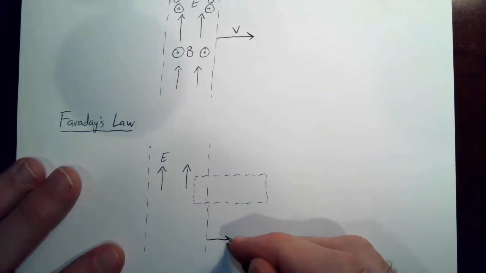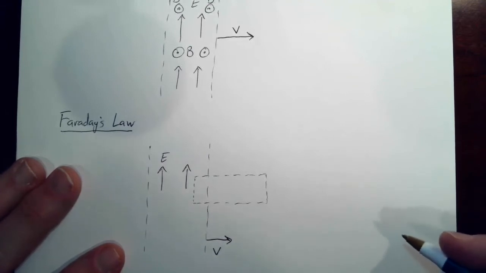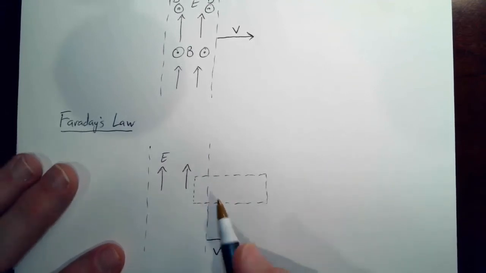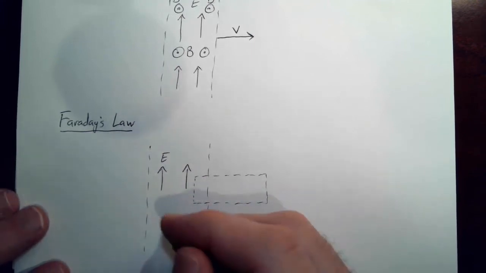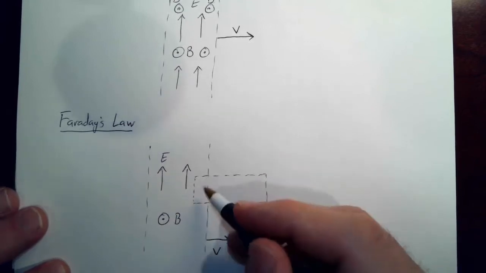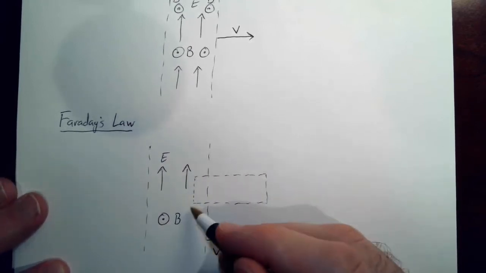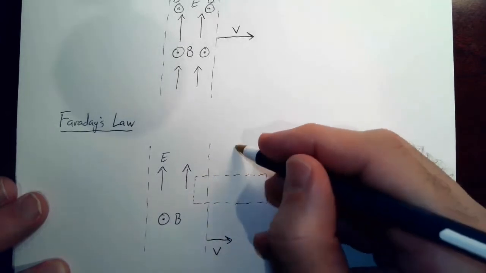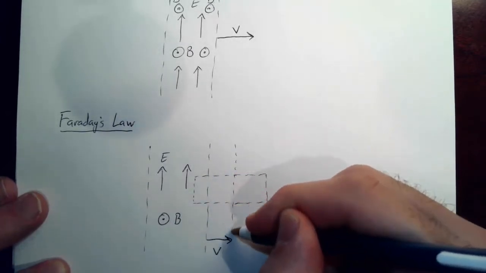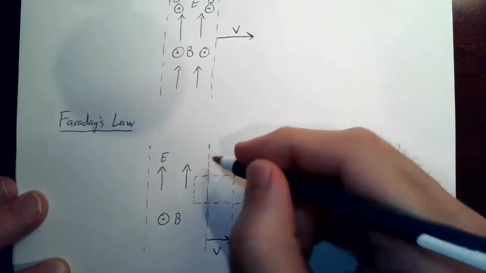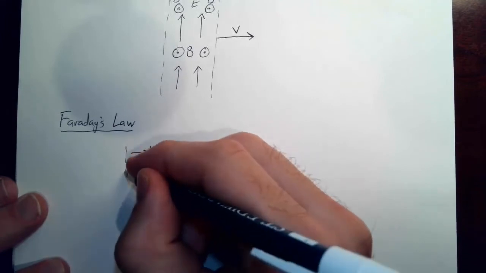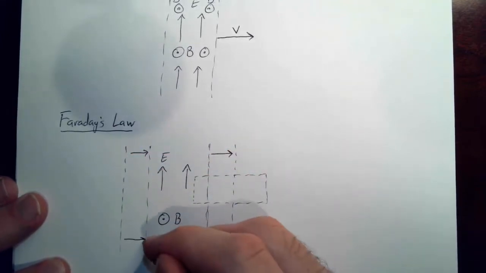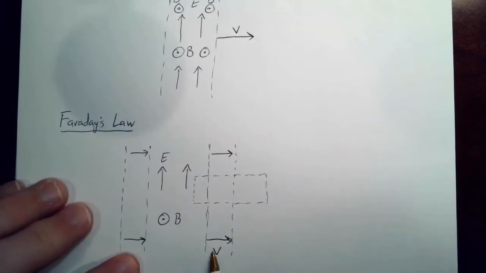Now, if this slab is moving to the right, like I claimed it must, then the amount of magnetic flux passing through this loop must be increasing, because as this thing shifts to the right, so here our slab is shifted to the right, and this side has to shift as well. I'm going to pretend it was a wider slab. Okay, so the left and the right side of the slab shift the same amount.